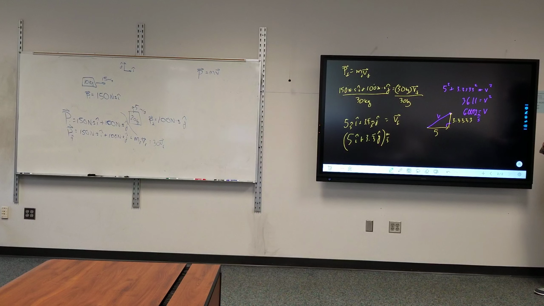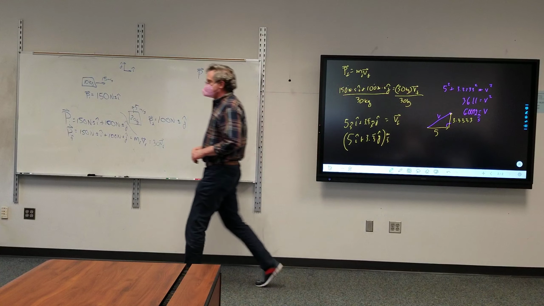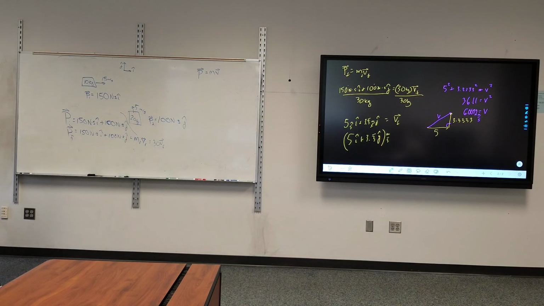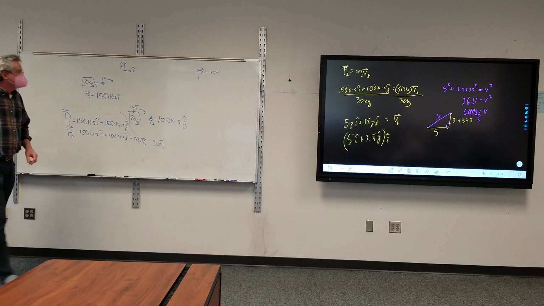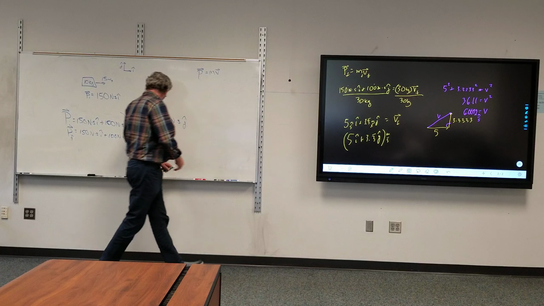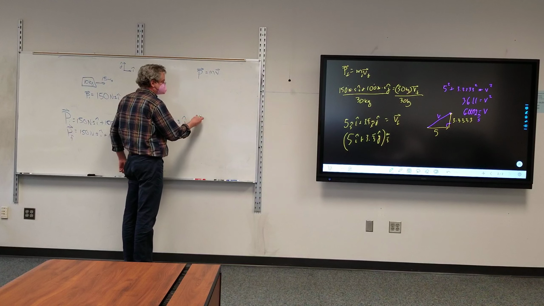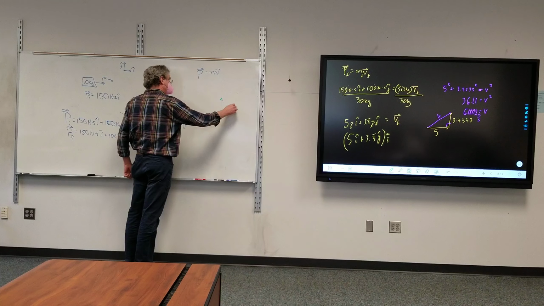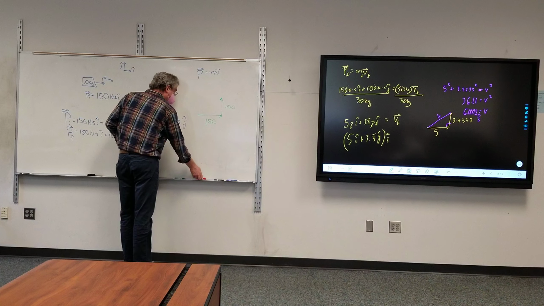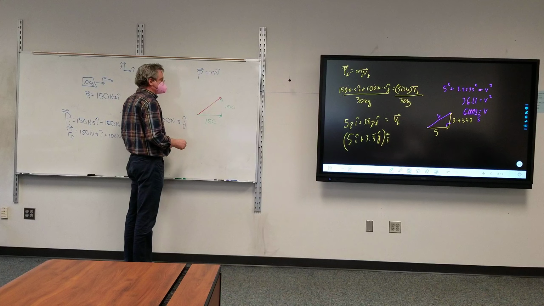Alternatively, and I think this gets to something that you were doing, we could have found the magnitude of the momentum, because I know the part's right there, so let's just figure out what the magnitude of my momentum is. Well, I'm going to the right 150 and I'm going up 100. So my resultant, from where I begin to where I end, just like all the other additions we've done.